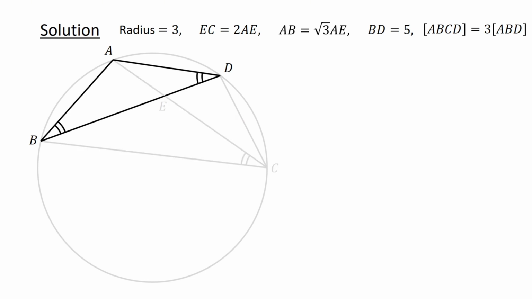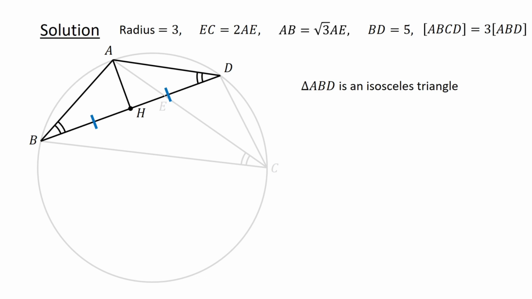Finally, focus on triangle ABD. Since these angles are equal, the triangle is an isosceles triangle. Denoting H as the midpoint of BD, the line segment AH is then the height of the triangle. Thus, we want to calculate AH.